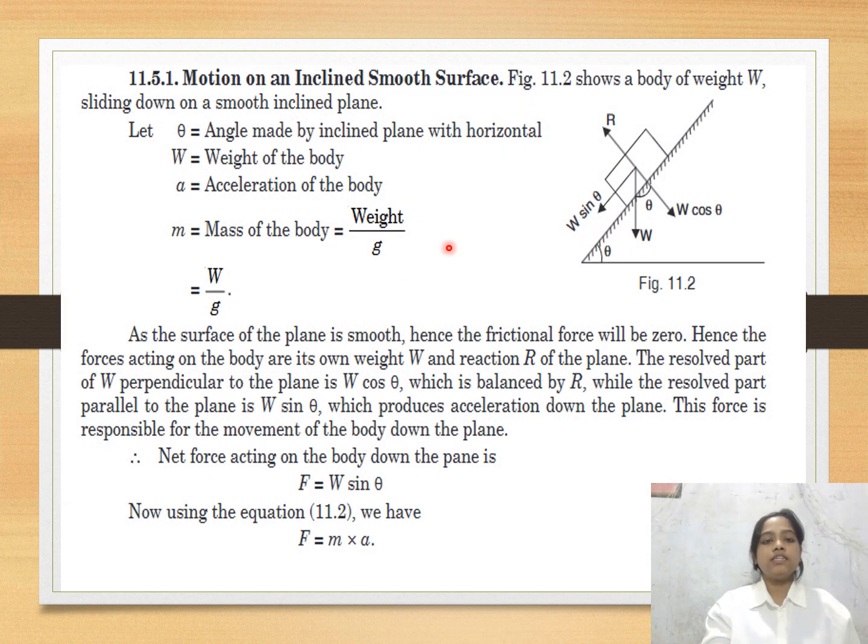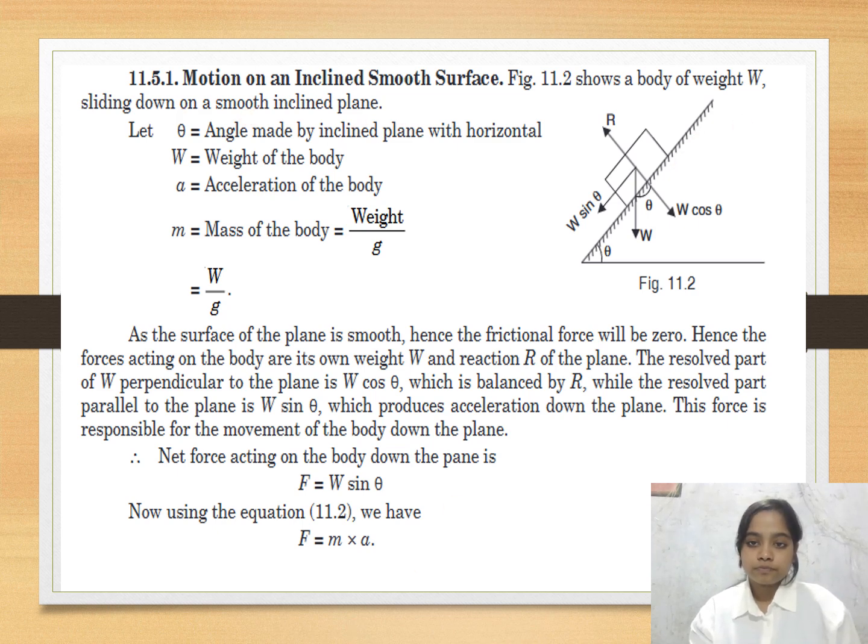Now here we'll see how the motion is on an inclined smooth surface. It is also the same, but it shows a body of weight W sliding down a smooth inclined surface. So this is a smooth inclined surface.